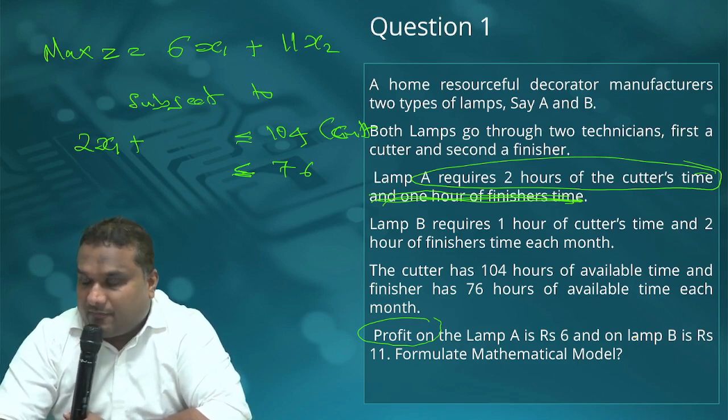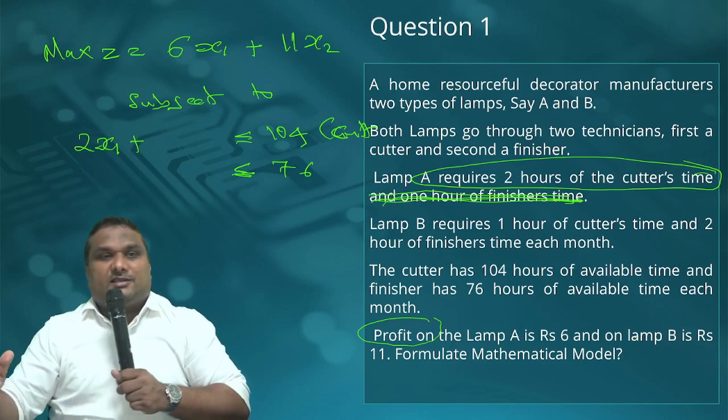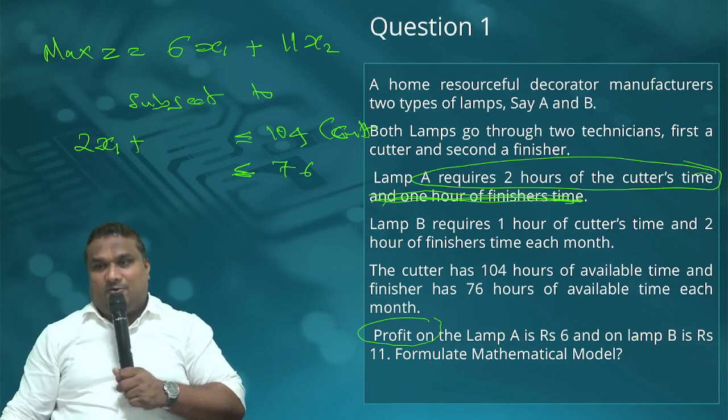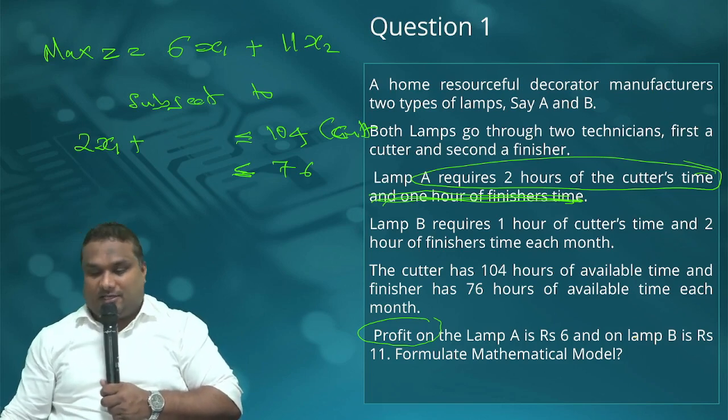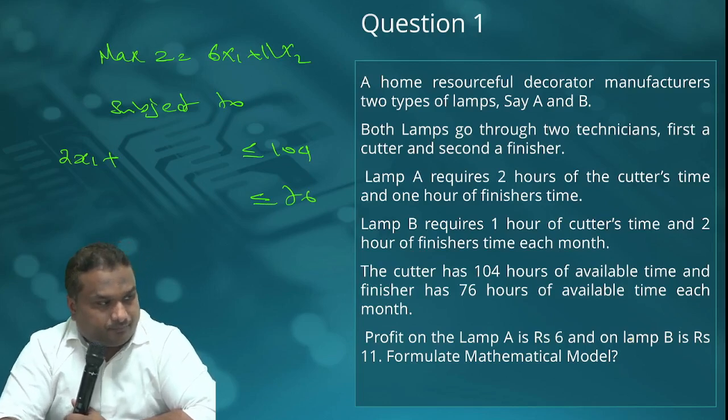Read the dialogue again: Lambier requires 2 hours of cutter's time and 1 hour of finisher's time. Right now we are not speaking about finisher. So less than or equal to 104, and less than or equal to 76. Correct? Okay.